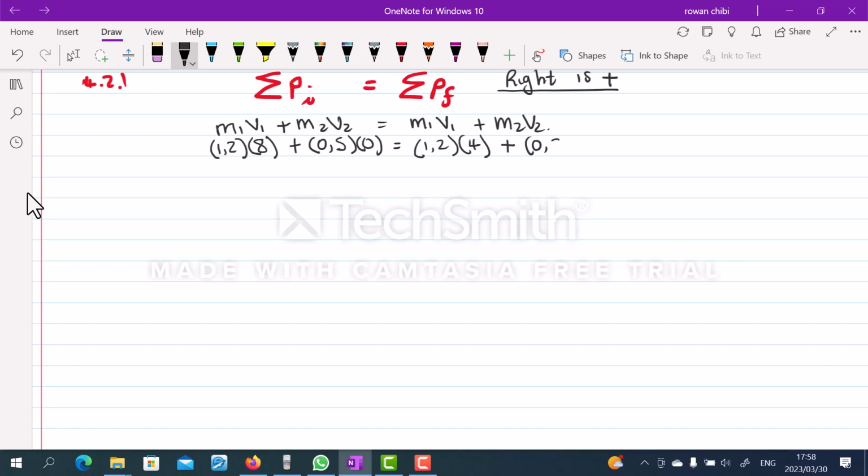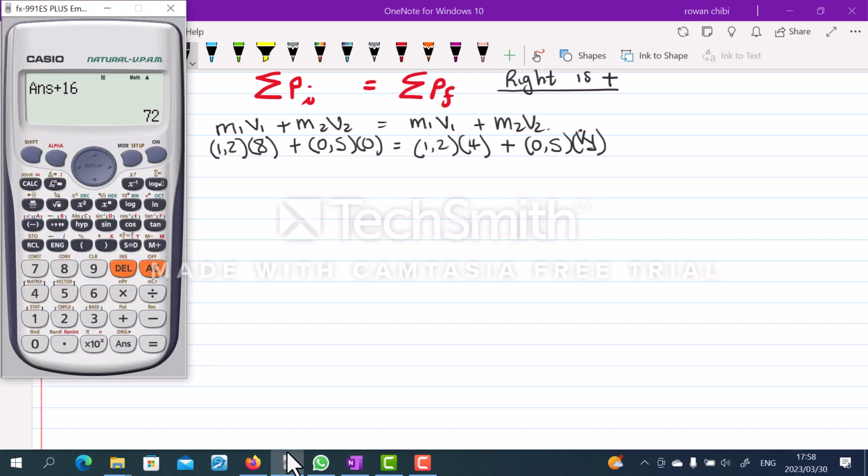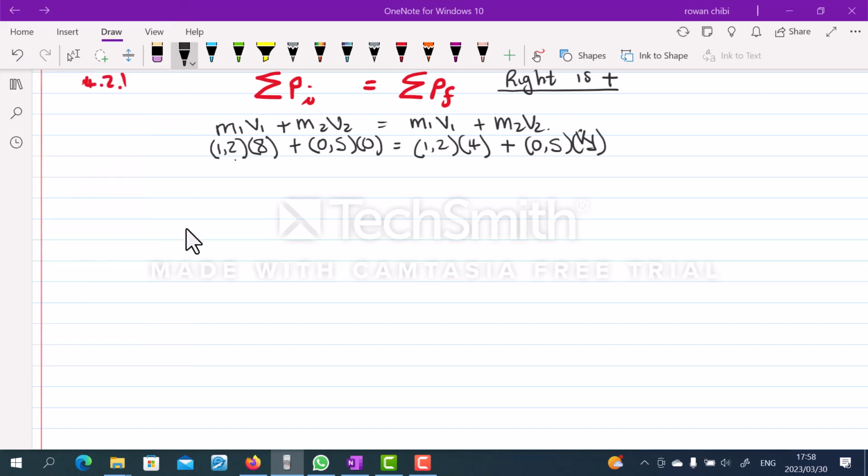Now we want the velocity for trolley Y. So you take a calculator and you do 1.2 times 8, and the answer is 9.6.